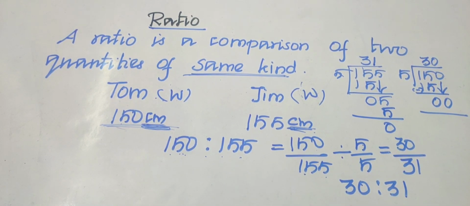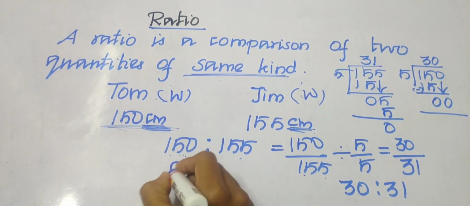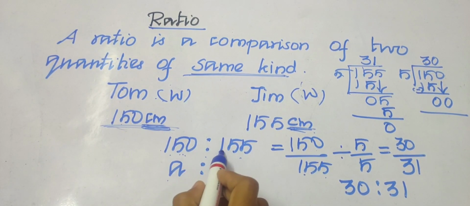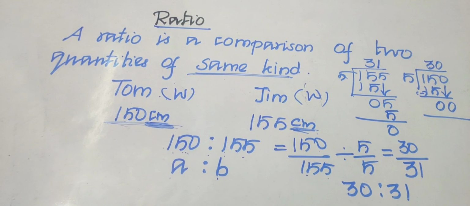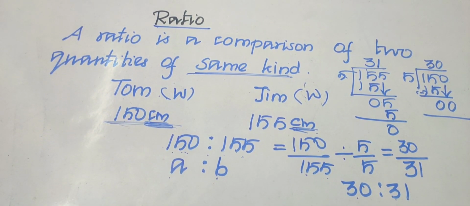We should write ratios in the form of A is to B. So 150 is A, 155 is B. Here 30 is A and 31 is B. So we are just writing the ratio in the form of A is to B. Is it clear, children?